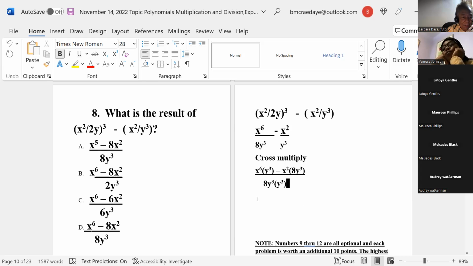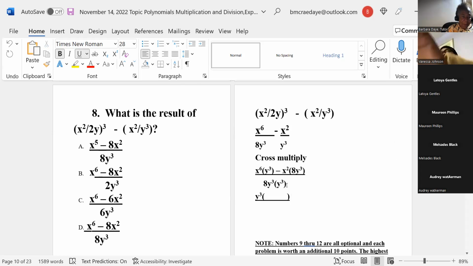Let's take the y to the 3rd in the numerator and put it here. We're going to factor that out, and put in parentheses what goes here.